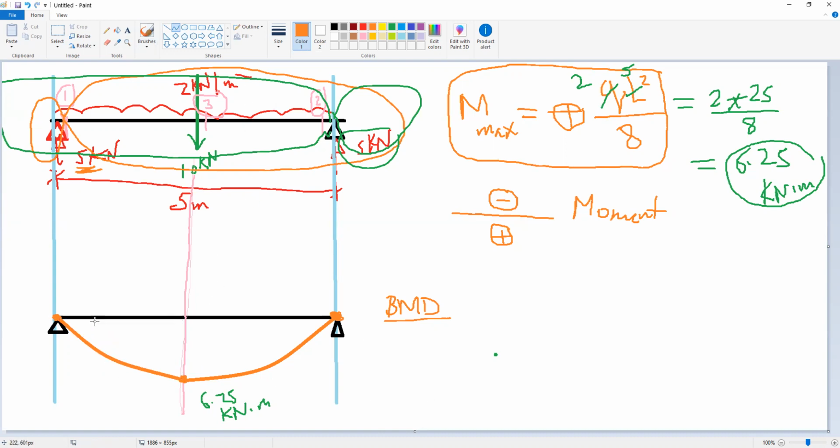Okay, so we connected these 3 points with a curve, and this curve is a 2nd degree parabola. Okay, so we connect this with a 2nd degree parabola.